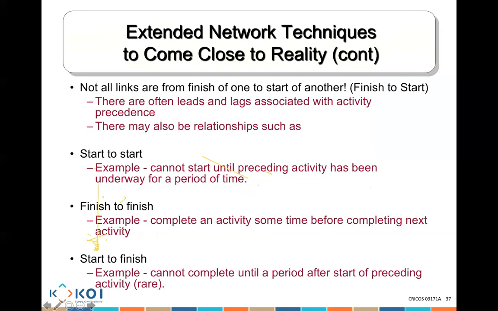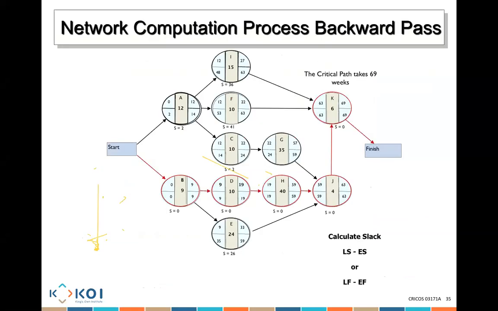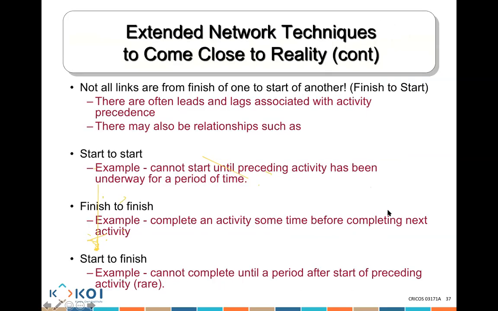Now, ladies and gentlemen, not all activities have a finish to start relationship. You know, in these examples that I'm giving you here, you can see the arrow from the end to the start. That means finish. We need to finish this activity before the next one starts. This is finish to start. Not every project activity is a finish to start activity.